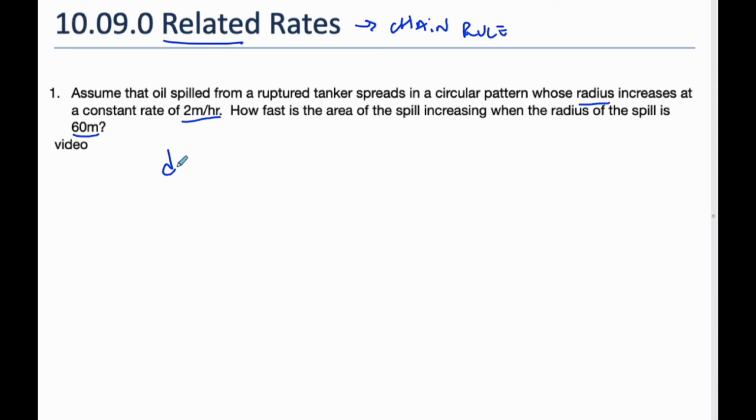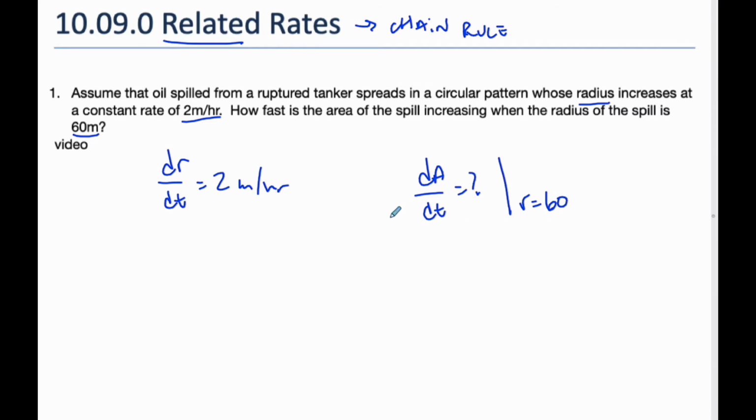So I know the change in radius, dr/dt, is equal to 2 meters per hour. And I'm looking for how fast the area is increasing, so I'm looking for dA/dt, when r is equal to 60.